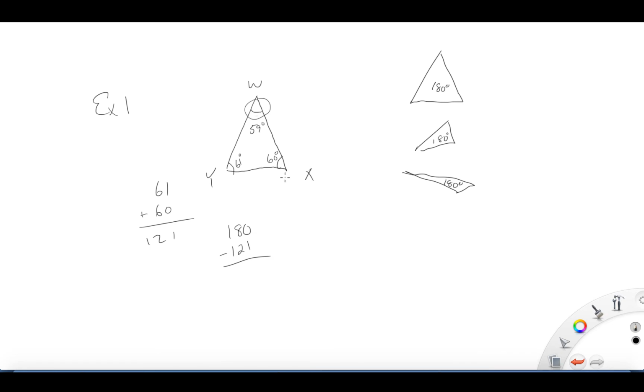Why is this line right here the shortest? Well, let me take your attention to the angle here. What's the smallest angle? The smallest angle is 59, which means that if it's the smallest angle, this leg right here that I'm going to do in red is the shortest leg.